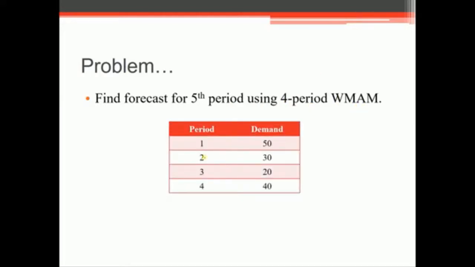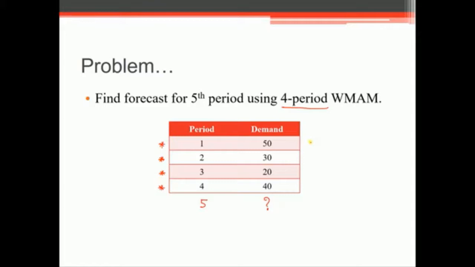Here we have the data for 4 periods, and you are asked to calculate the forecast for the fifth period. Since we have to consider 4 periods, definitely we have to consider the latest 4. This is the first, this is second, this is third, and this is fourth.